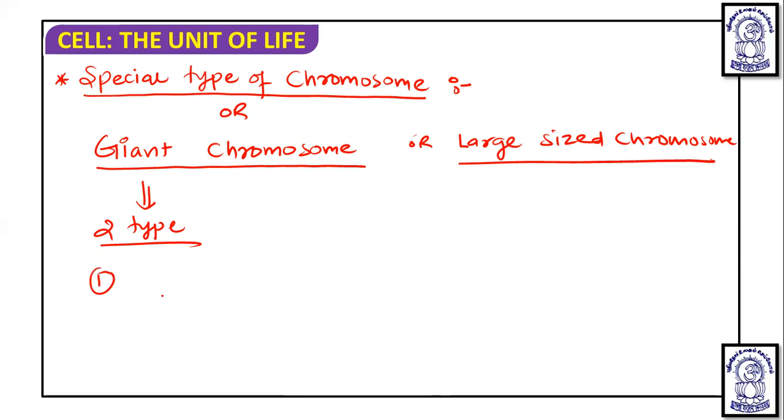And these giant chromosomes are of two types. Number one is the Lampbrush chromosome, and number two is the Polytene chromosome or salivary gland chromosome.